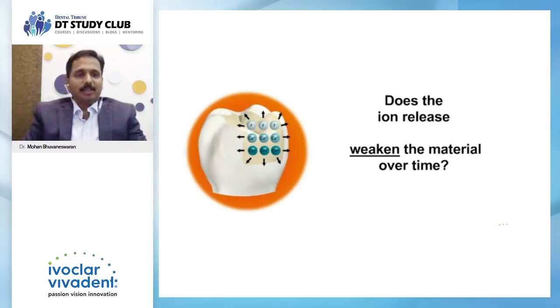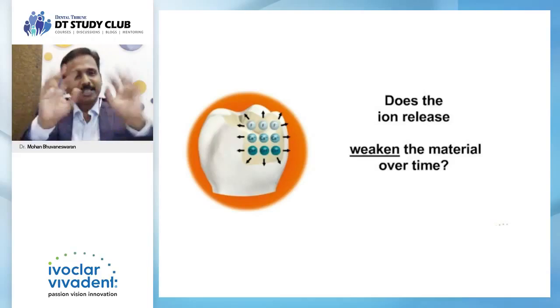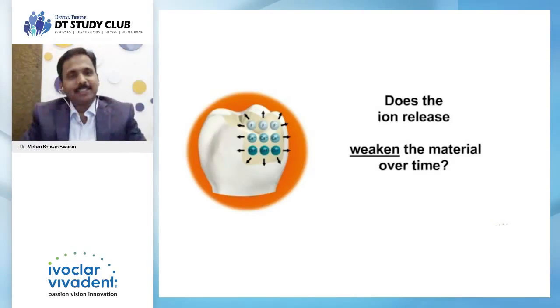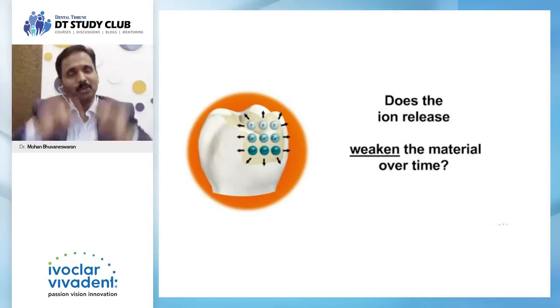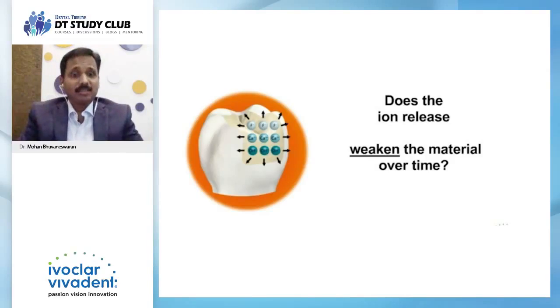Now a question comes. Okay, a material keeps releasing, right? Will it weaken? Because each time they give something. So is it going to weaken? Come on, answer me. Is it going to weaken? So they have done a study on that also.